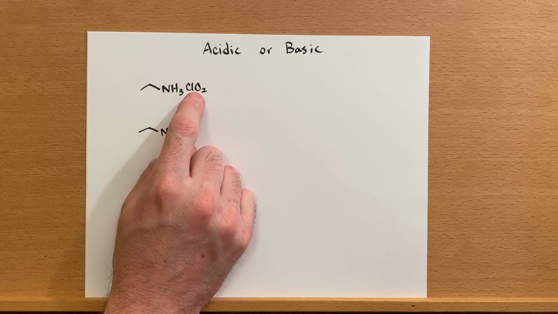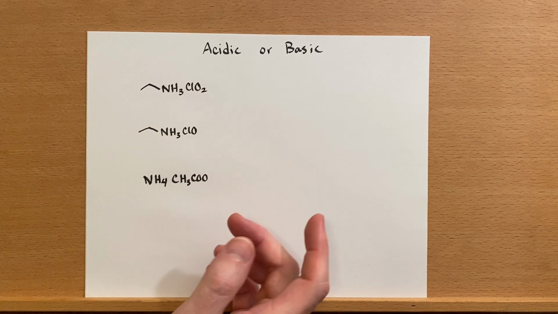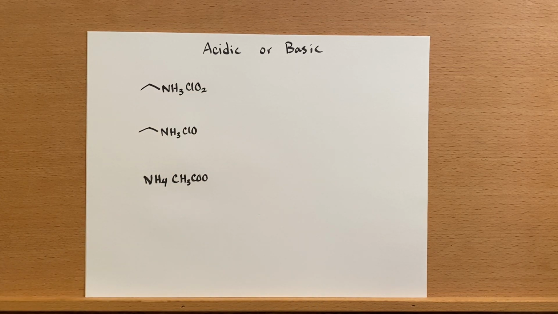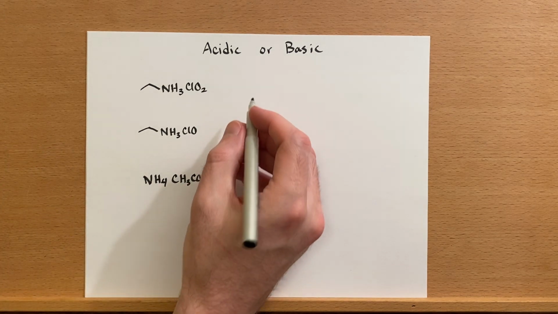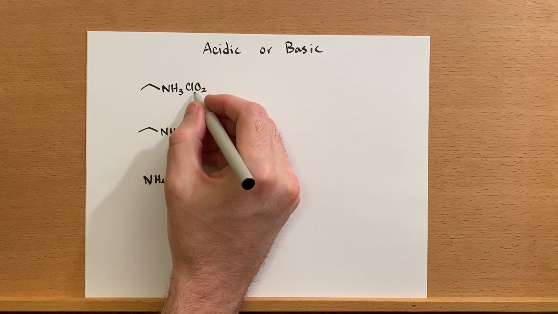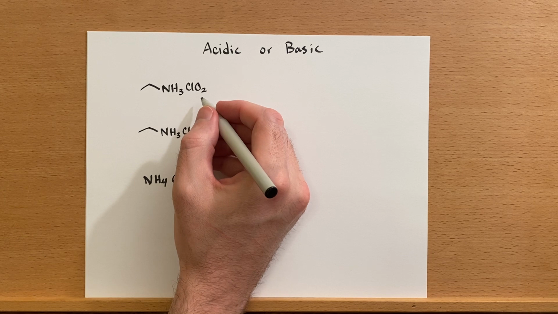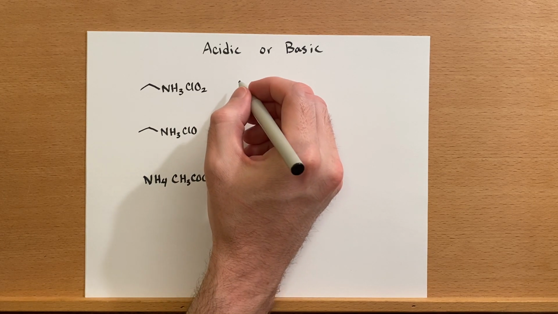But we're looking at the base, so we'll need Kb. Fortunately, we can calculate Kb from Ka by taking Kw, 1 times 10 to the minus 14, divided by Ka, and that will give us Kb. In this case, we get a Kb of 9.09 times 10 to the minus 13.